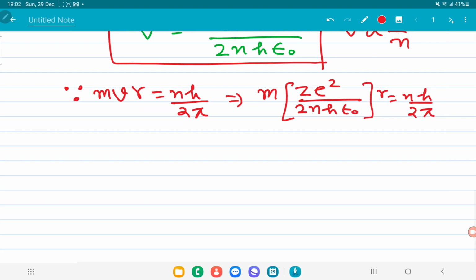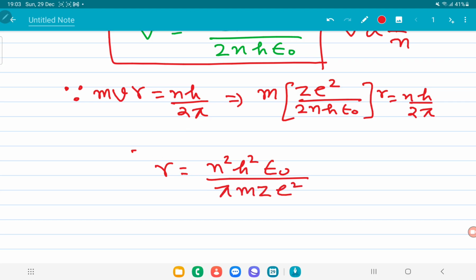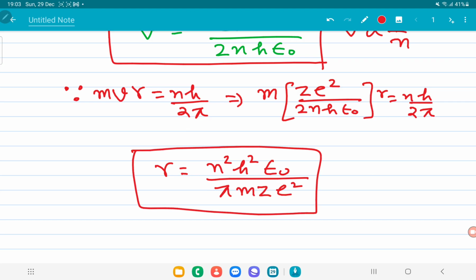This simply means r equals n square h square epsilon naught upon pi m Z e square. That is the radius of the electron orbit, or radius of a stationary state. Clearly it shows that r is proportional to n square.